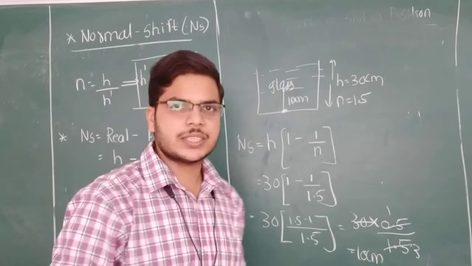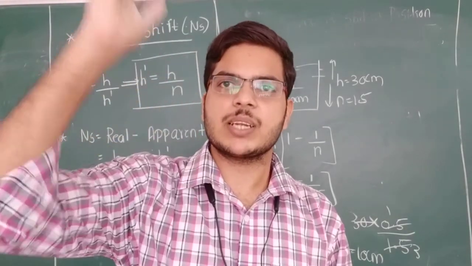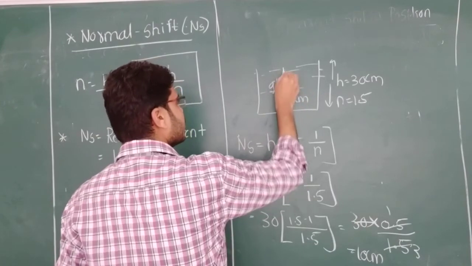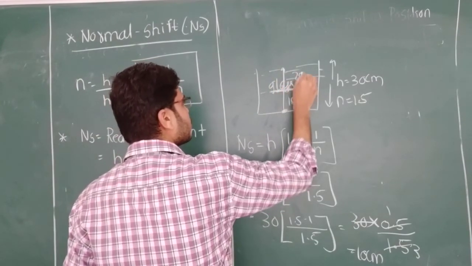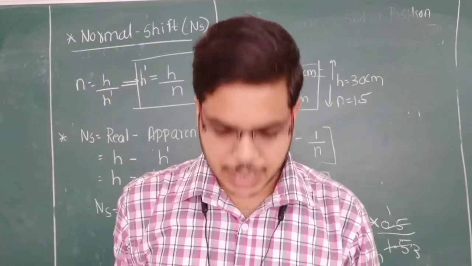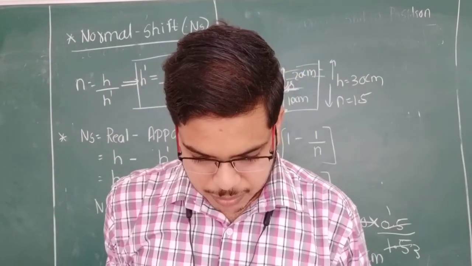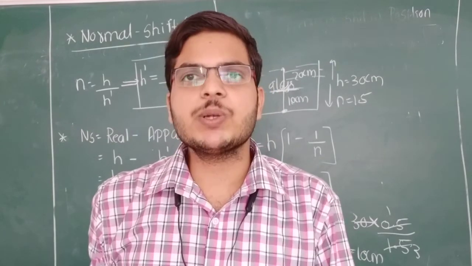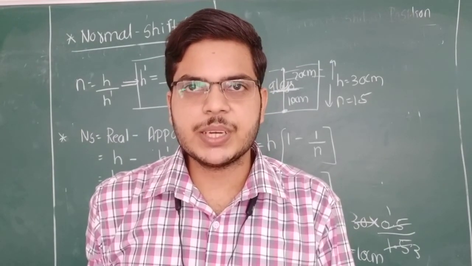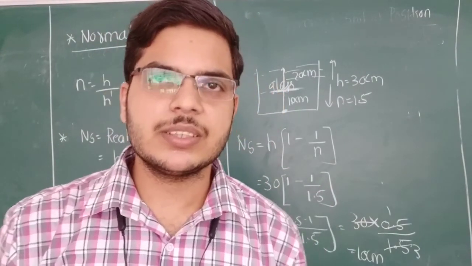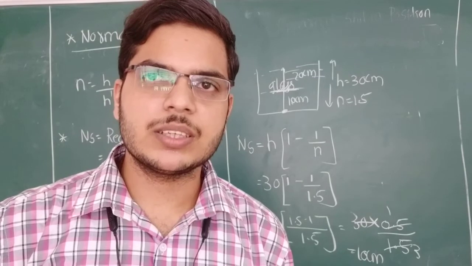The object is going 10 centimeter above. Therefore, you are getting the image here. Therefore, the apparent depth is what? 20 centimeter. Actually, the object is kept at 30 centimeter, but due to the normal shift phenomenon, the object appears to be at 20 centimeter. It means there is a 10 centimeter shift. This is about normal shift.